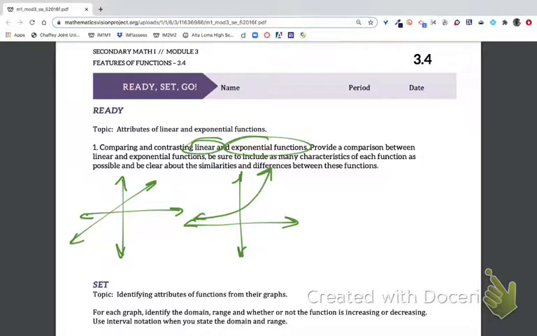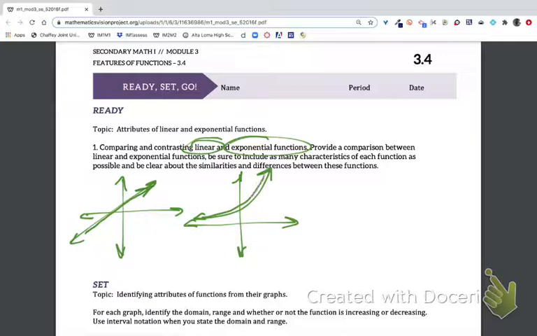So then it's your job to create characteristics of each function. What are the similarities? What are the differences? For example, one of the similarities might be once a linear function is going up, it will always go up.